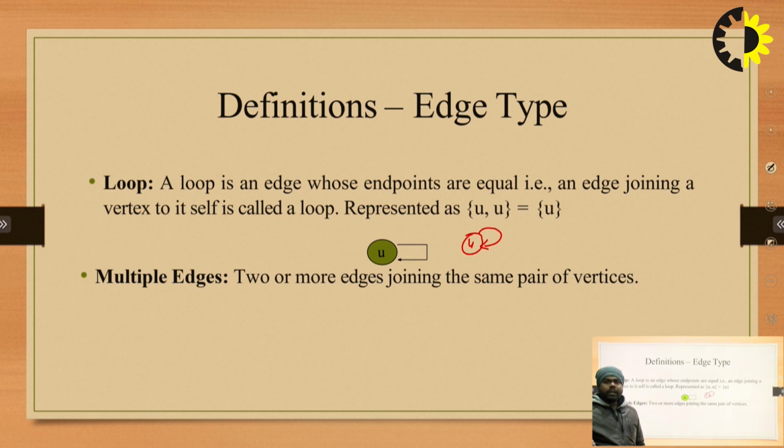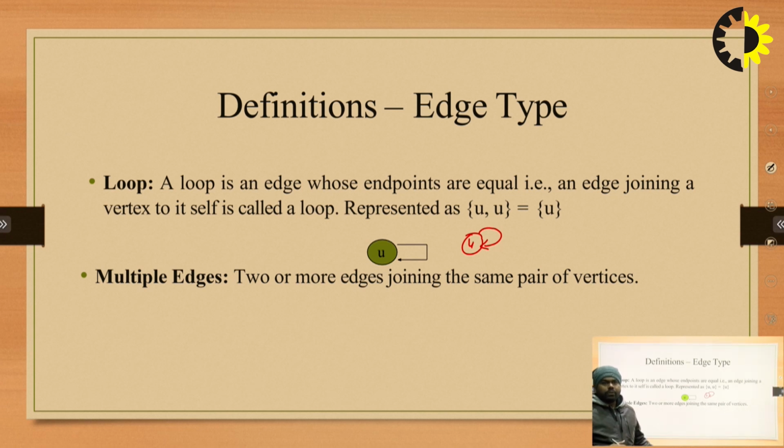When we are calculating the degree, a self loop takes two, and for the undirected graph it also takes two. I will show you from an example how to calculate the degree of a graph.